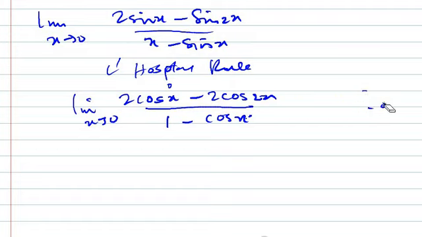To do L'Hospital's rule, we use the same procedure. We have to just take the derivative of this and also the derivative of this.